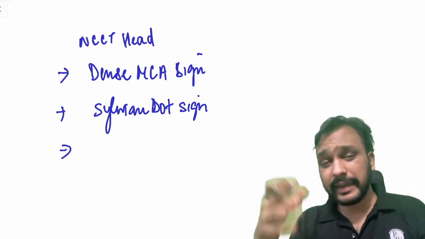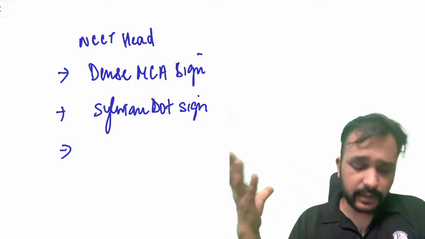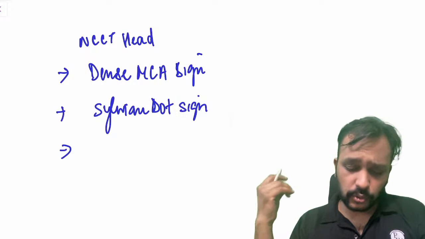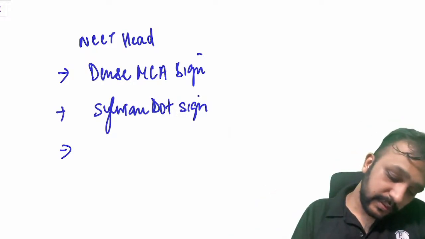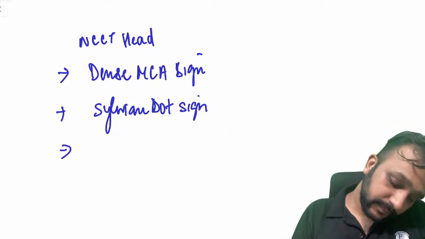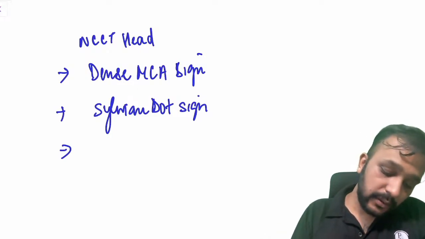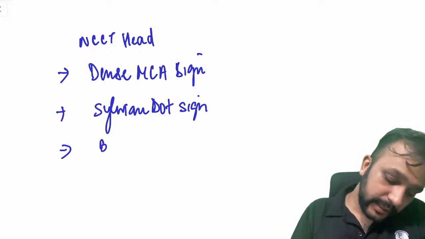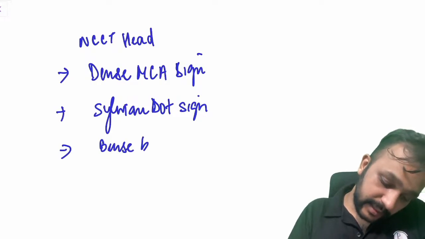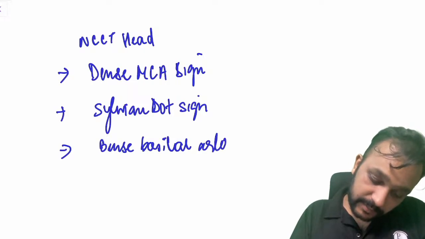So if there is any posterior circulation stroke, you will see an infarct that is involving the cerebellum and occipital lobe. You will get a dense basilar artery sign. Dense basilar artery sign will be seen.